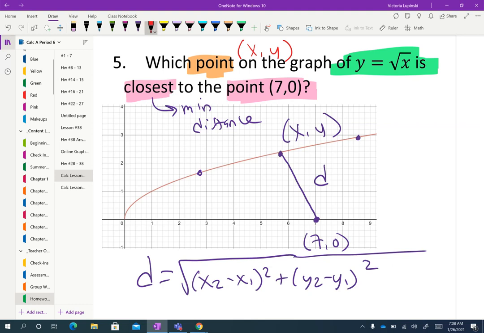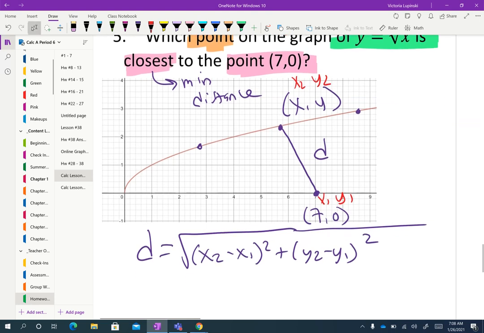It doesn't matter which is which, but it is generally easier if you make the number x1, y1 and then x2, y2.